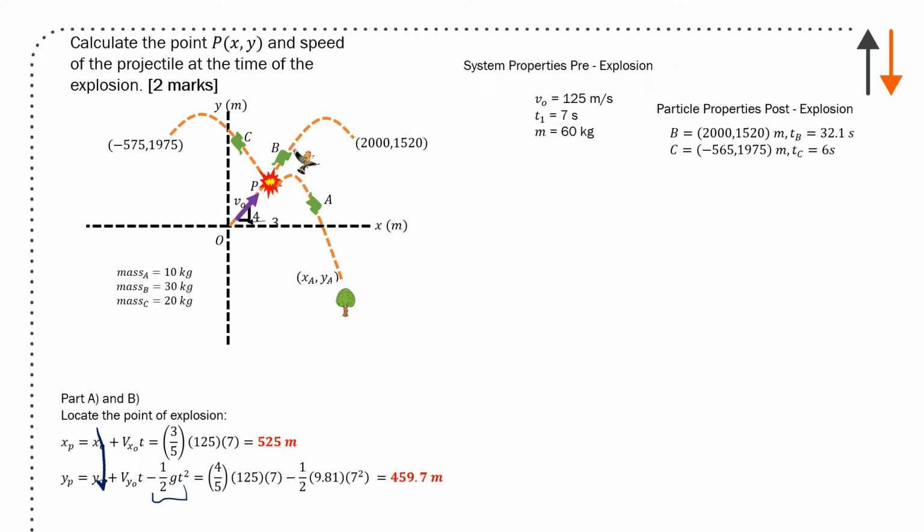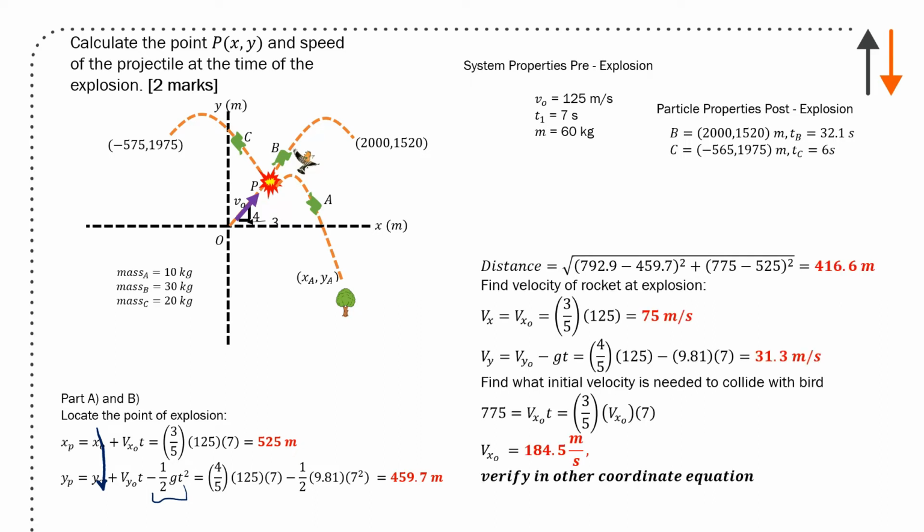You're given the final position, P, is 525 and 459.7 meters. So the distance that it's traveled, and you can figure out Vx at the time of explosion, it's going to be 75 meters per second. That's going to be constant because it doesn't change with time.